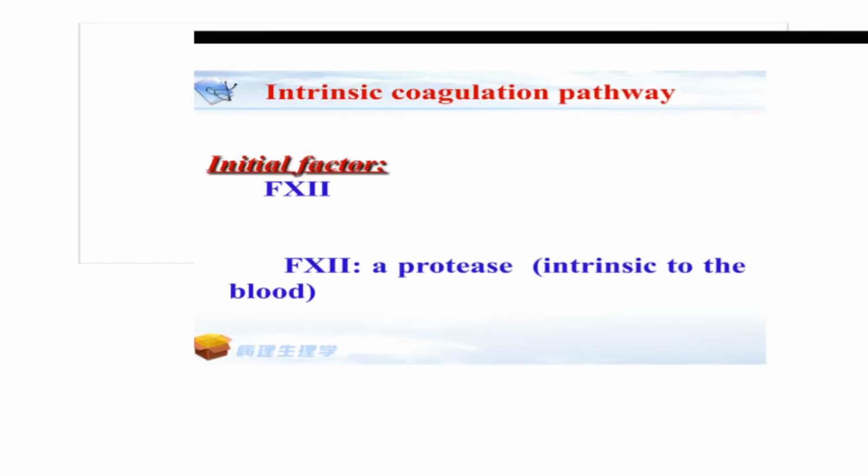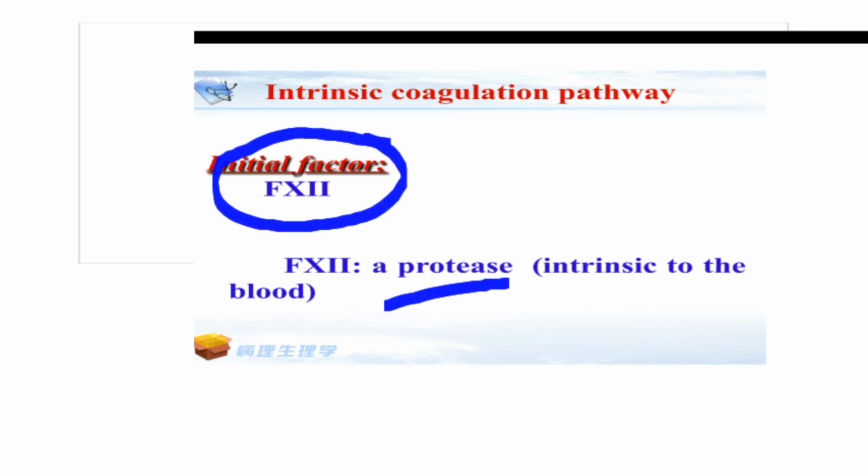While in the intrinsic coagulation pathway, it is factor 12, the initiator factor, which is actually a protease. Factor 12, XII, is a Roman numeral. It is the initiating factor, the first factor to be activated. That is what they mean by initial factor.